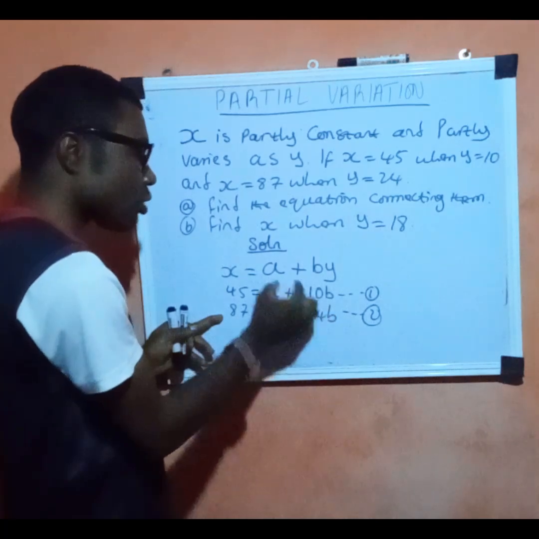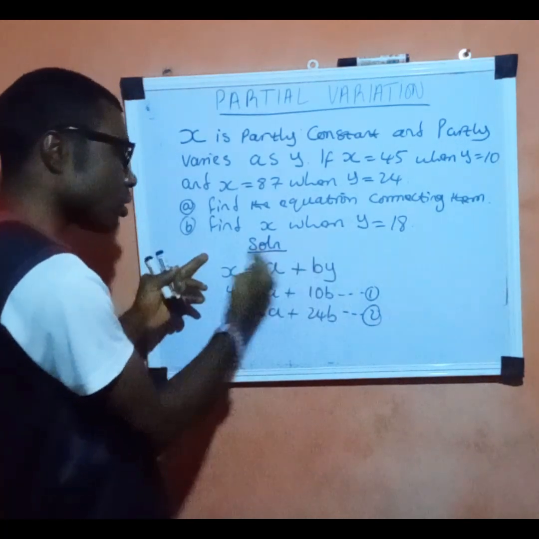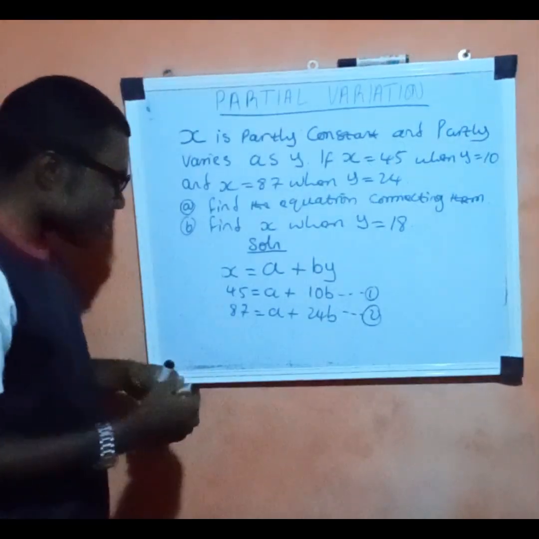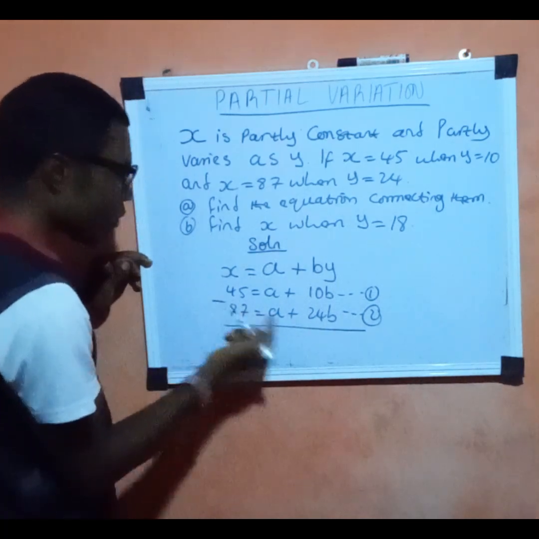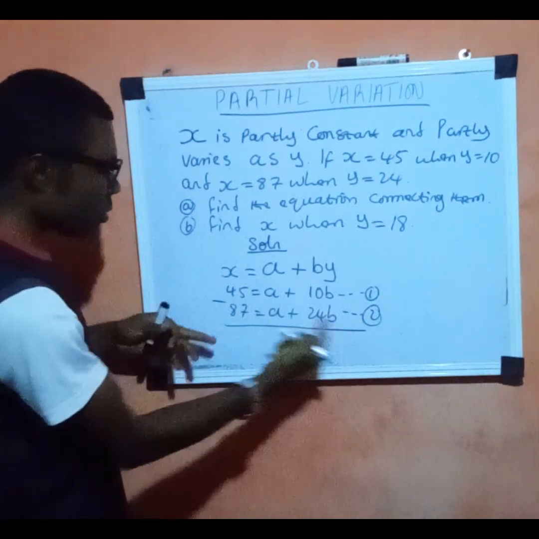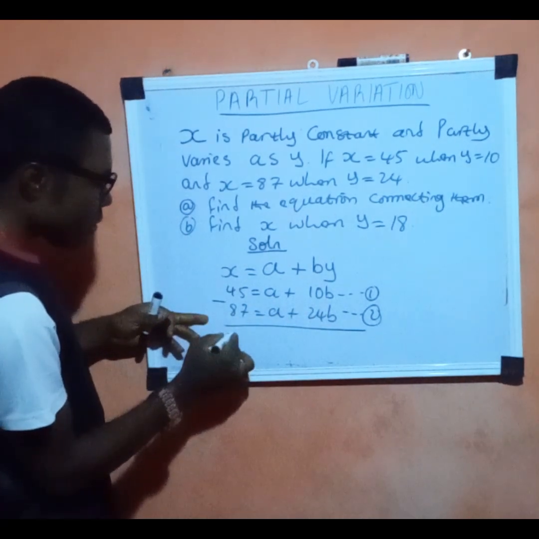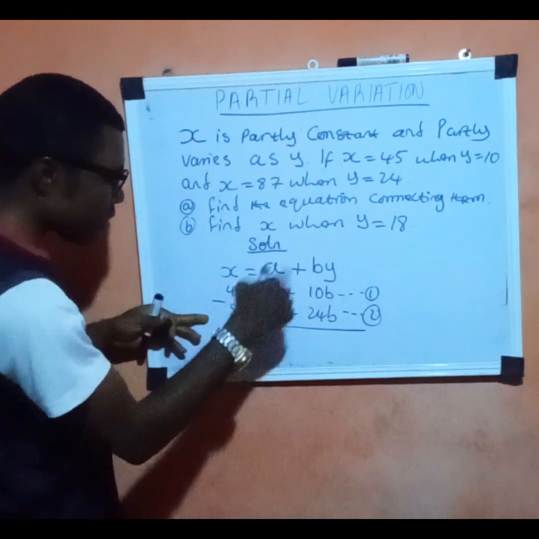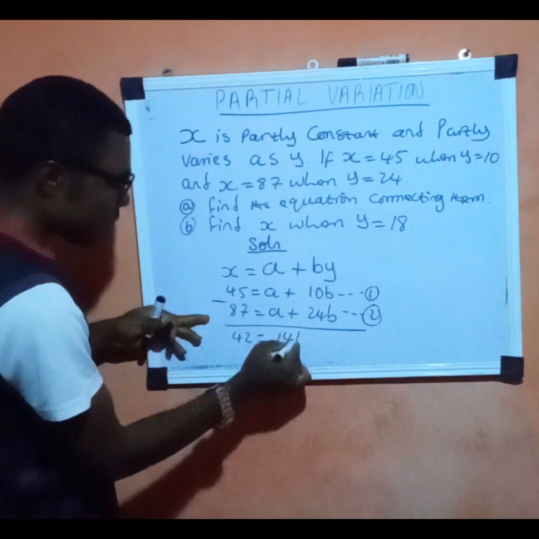And when we do that, we will now substitute the A here and B here to get the equation connecting them. You know how we solve simultaneous equation? I am not here to teach simultaneous equation, but let's do that. Let's subtract equation 1 from equation 2, since equation 2 has higher values. 87 minus 45 will give us 42 equals A minus A will be eliminated. 24 minus 10 will give us 14B.